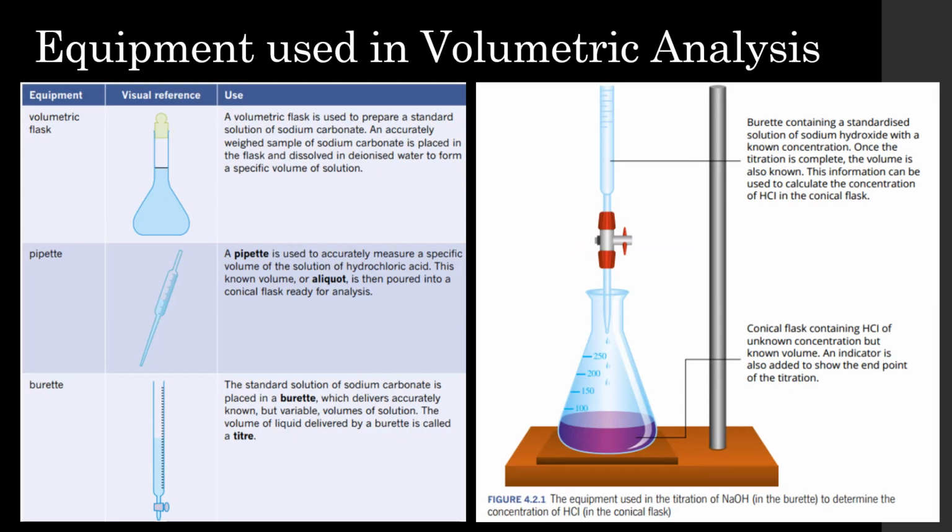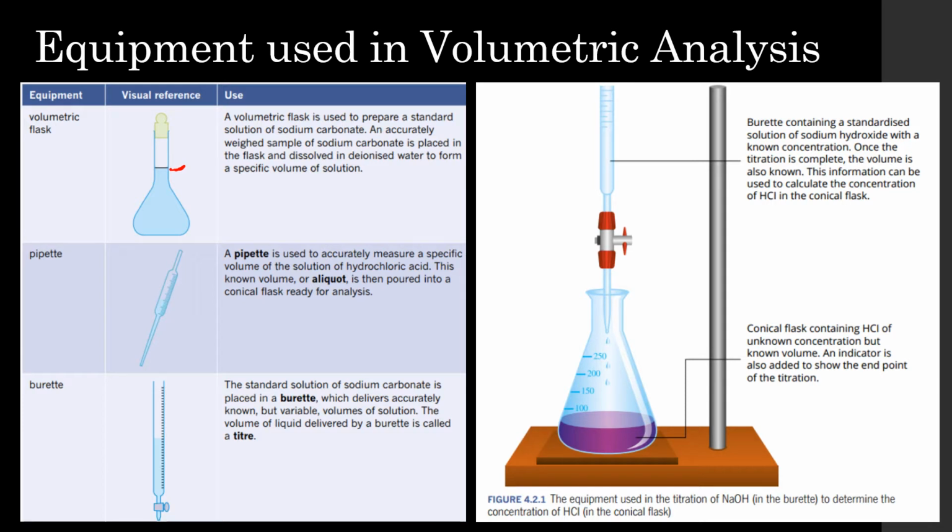Some of the equipment that we'll use, first of all: our volumetric flask is used to prepare a standard solution of, for example, sodium carbonate. It could be a variety of different things. An accurately weighed sample of sodium carbonate is placed in the flask and dissolved in deionized water to form a specific volume of solution. Remember that specific volume is quite accurately calibrated, generally plus or minus 0.1 of a mL.